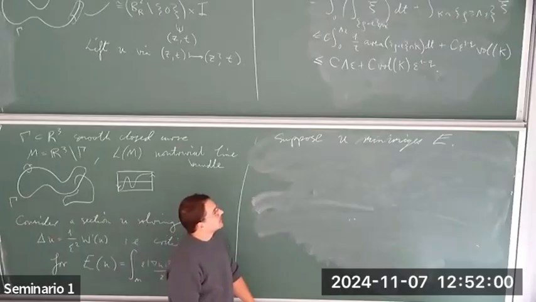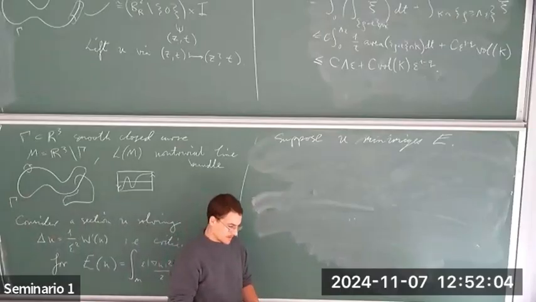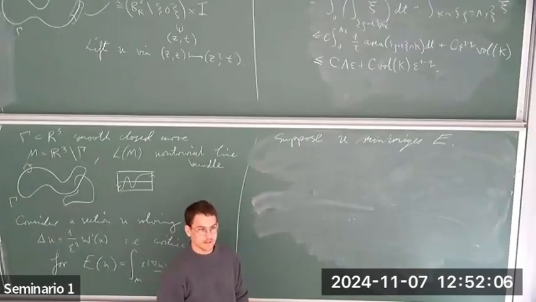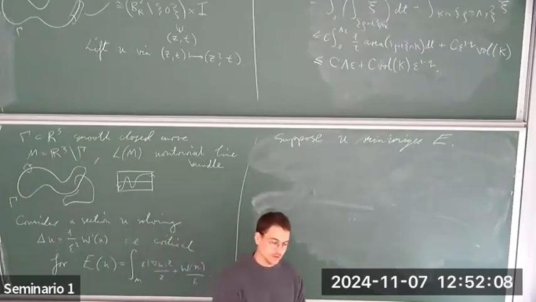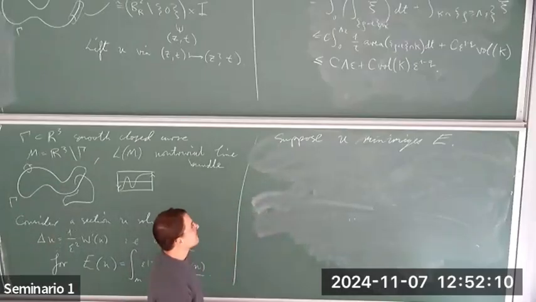And in this case, we claim that as we send epsilon to 0, the nodal sets accumulate around a section of a solution of the smooth Plateau problem.